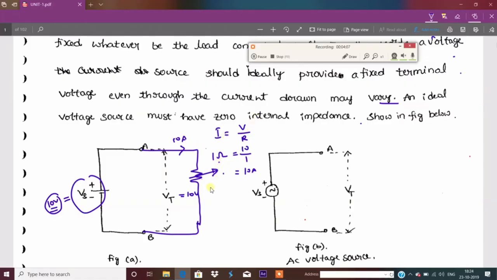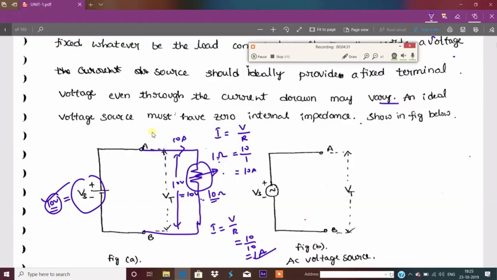If I increase this resistance to 10 ohms, with 1 ohm the voltage here is 10 volt. With 10 ohms, what is the current? I is equal to V by R, 10 by 10, 1 ampere. But the voltage available at the resistance terminal is still 10 volt.